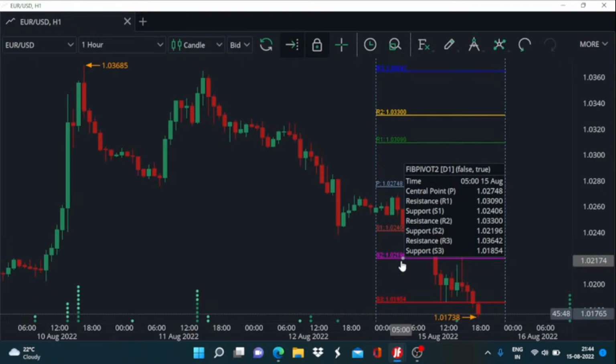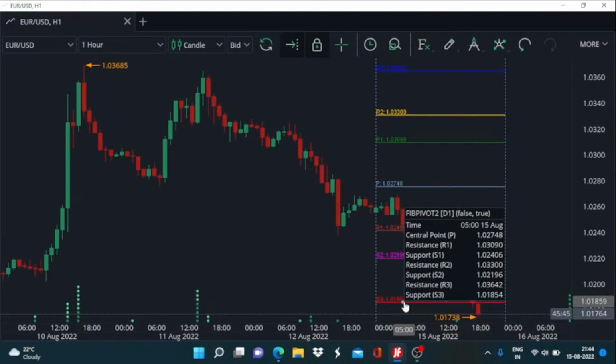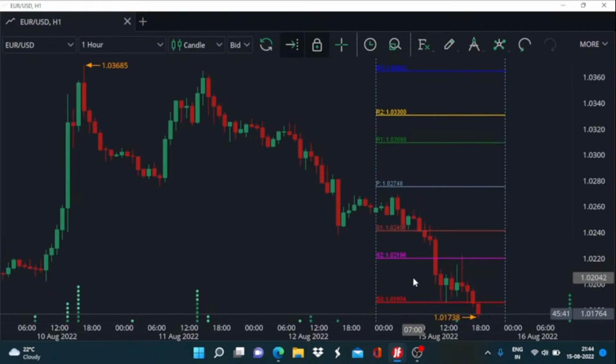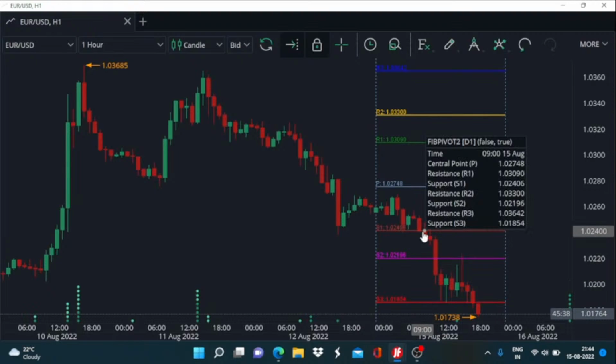So that's how we get this, and then this third support level is arrived at by deducting the difference of high low multiplied by 100%.